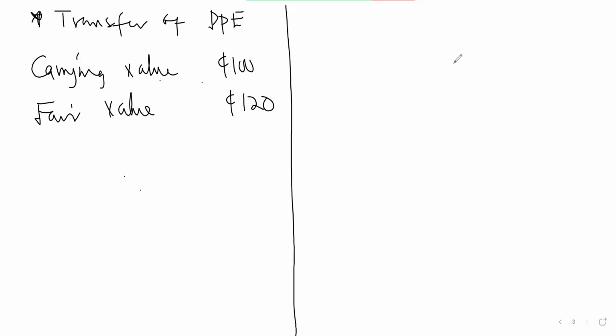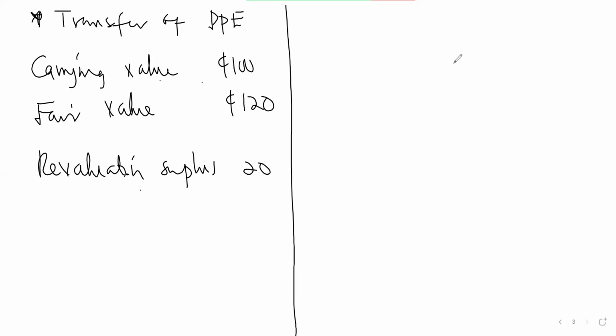Someone can look at this particular gain from so many perspectives. The first one is that you are going to revalue the asset first before you transfer. So you now revalue the asset before you transfer, that will be 100 against 120. So someone will say that there will be a revaluation surplus of 20.